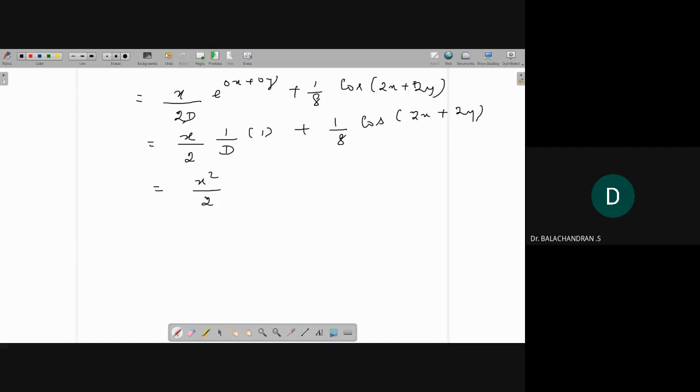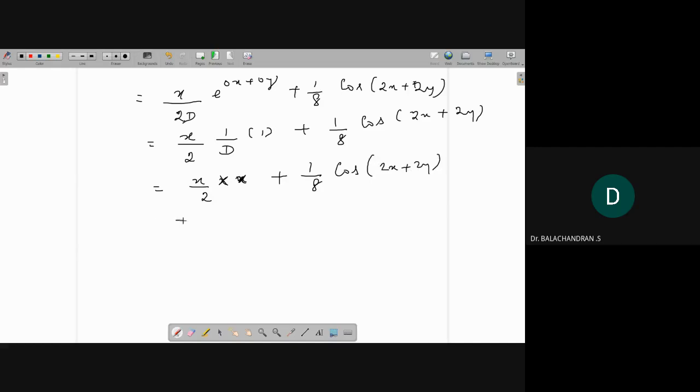Otherwise you do one more step: x by 2 into x plus 1 by 8 into cos of 2x plus 2y.